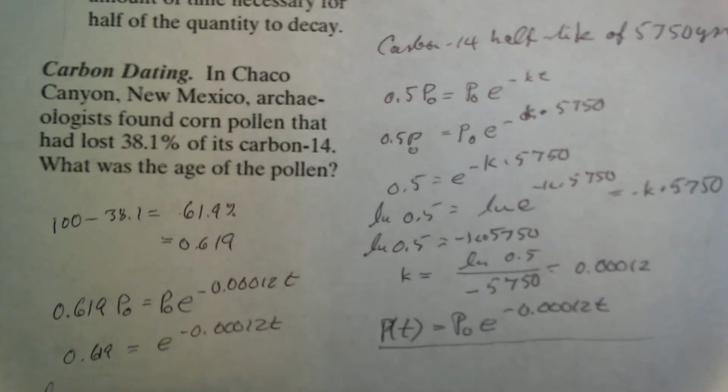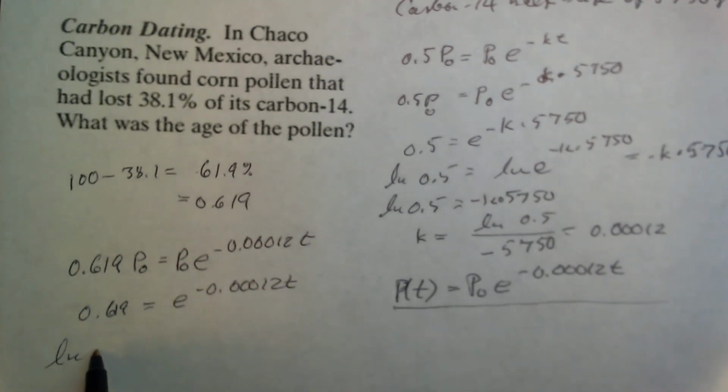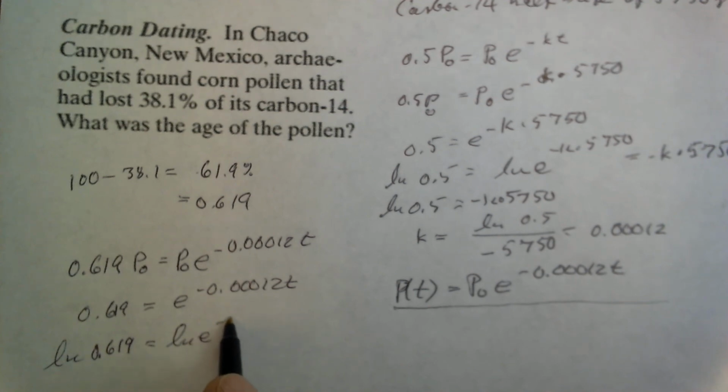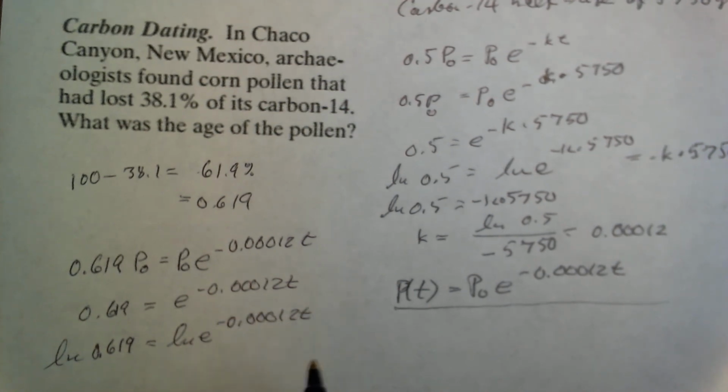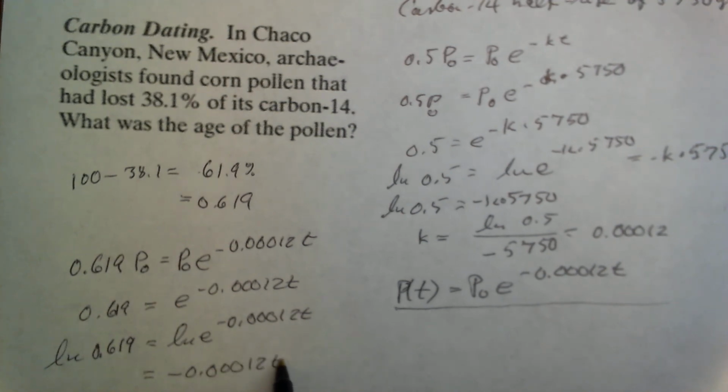We take the natural log on both sides, the natural log of 0.619 equals the natural log of e to the minus 0.00012 t, which is equal to minus 0.00012 t times the natural log of e, and the natural log of e is equal to 1.